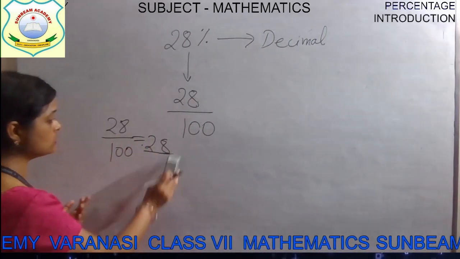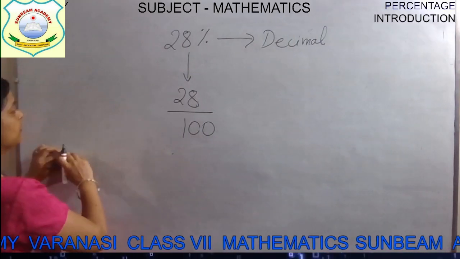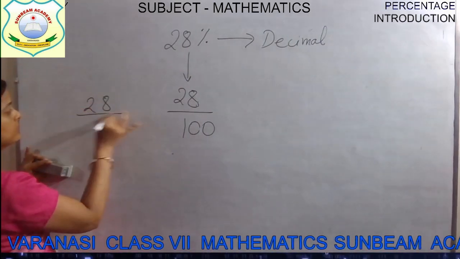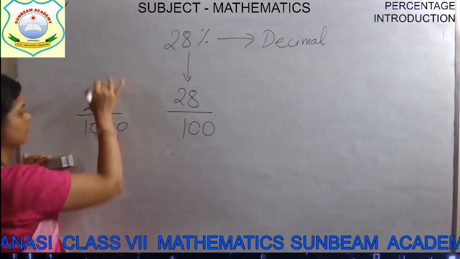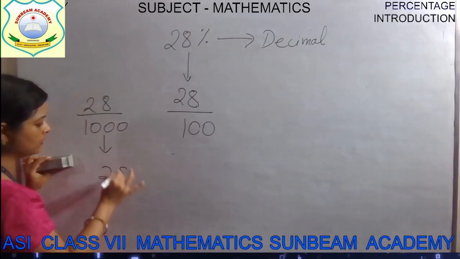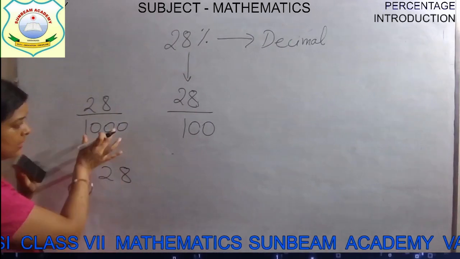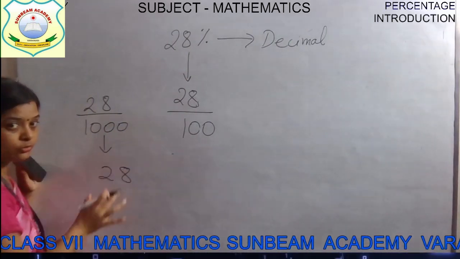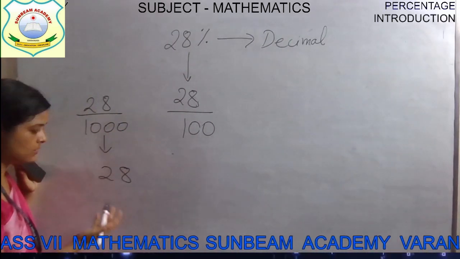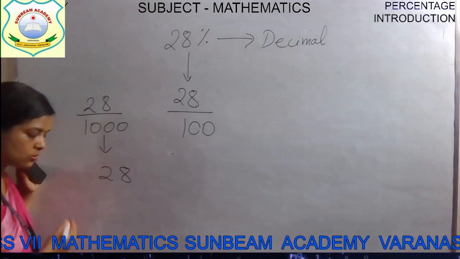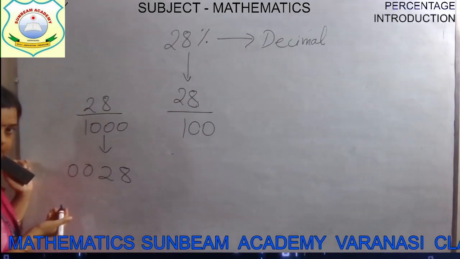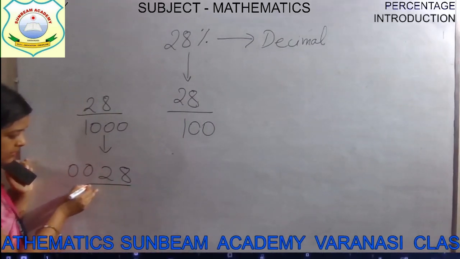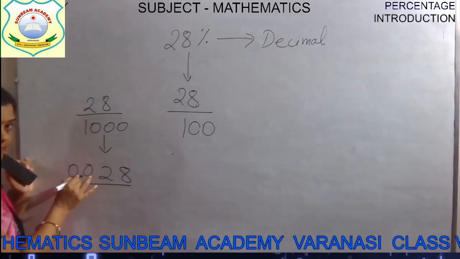If it will be 1000, children, come on, write down 1000, then what will be the answer? Write down the numerator part first, and now 3 zeros are there, so you have to put 3 decimal places, but only 2 places are there, so you have to increase zeros towards this side. Okay, and now take 3 decimal places and put the decimal here.